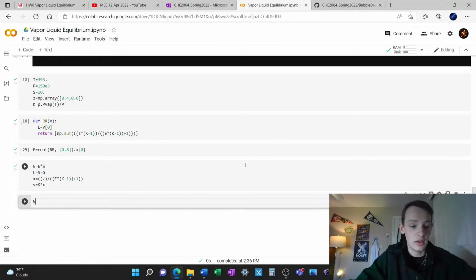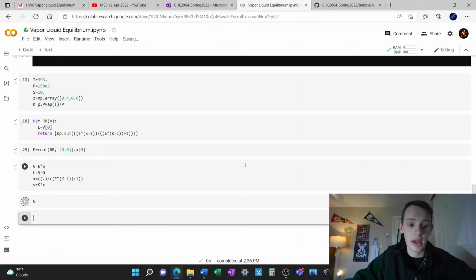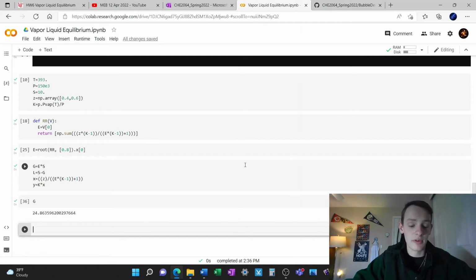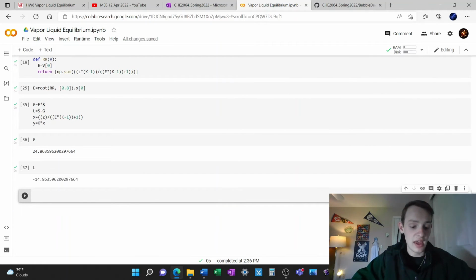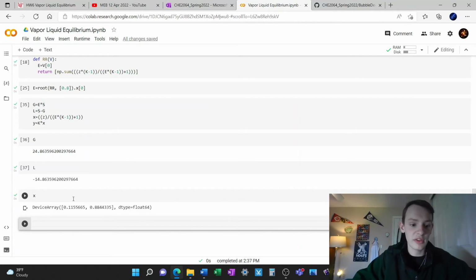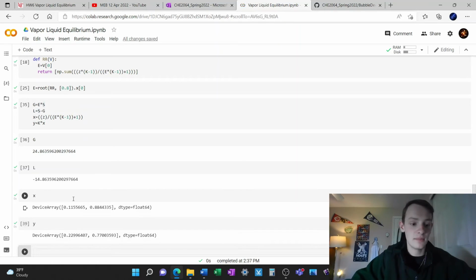So G is the flow rate of material exiting in the vapor phase from our flash drum. L is the flow rate of material exiting in the liquid phase from our flash drum. X is going to be the mole fraction of the components in the liquid phase, and Y is going to be the mole fraction of each component in the vapor phase.